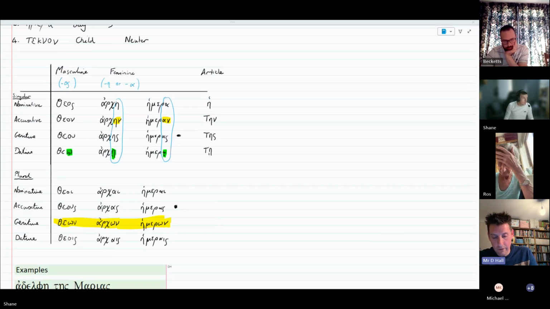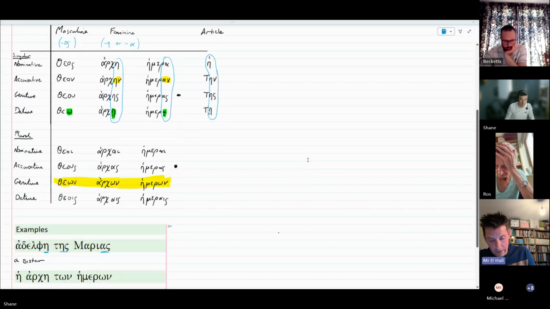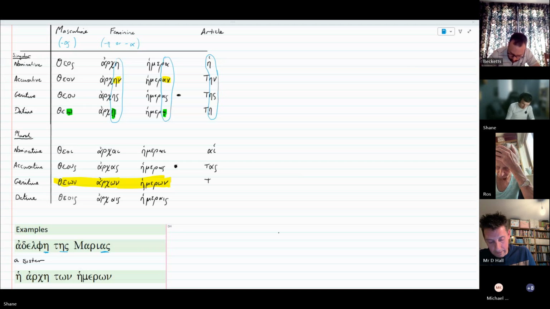These ones are kind of maybe what you ought to expect. Just need to remember that there's a tau in front of it, which you have, of course, with the masculine articles. So these are the words for the in the case that they go with. Just to do the plural ones, just to scroll down for that. So for the plural, we're going to have hai, and then tas, and then ton, and then tais.